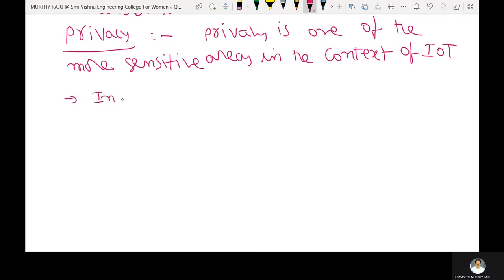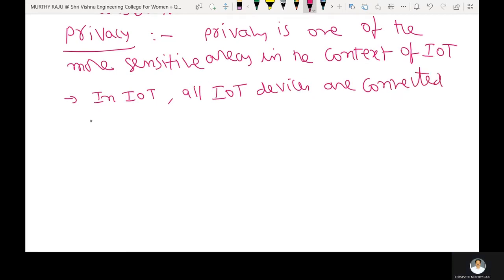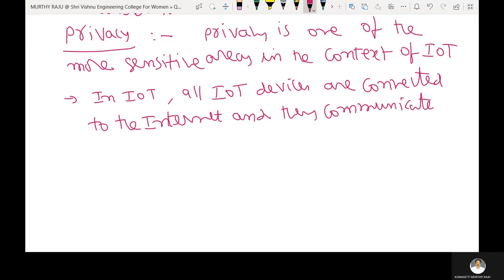In IoT, all IoT devices are connected to the internet and they communicate with each other over the internet. Hence, the privacy issue is critical.